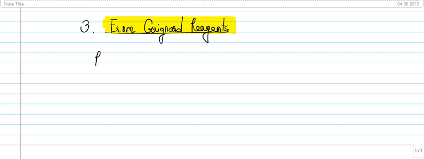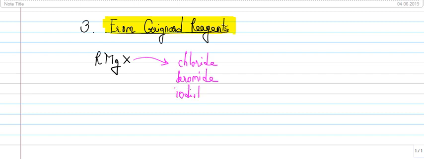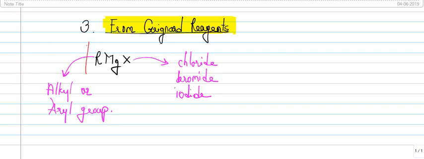Grignard reagent has a general formula RMgX, where X can be a chloride, bromide or iodide, whereas R can be an alkyl group or an aryl group. So it can be an alkyl or an aryl group. So this is what our RMgX looks like.